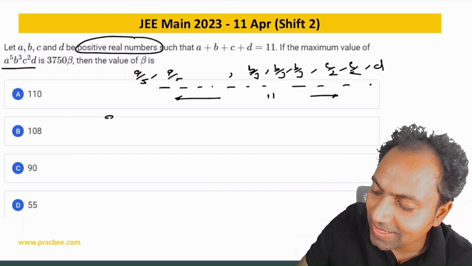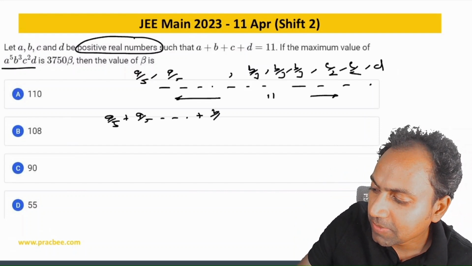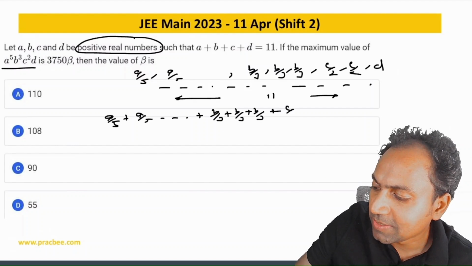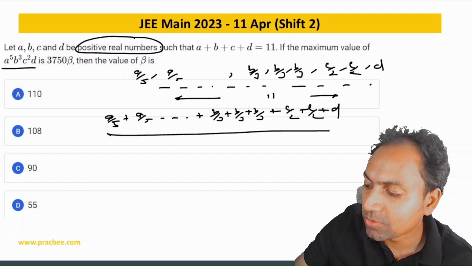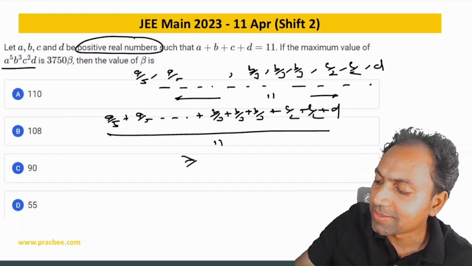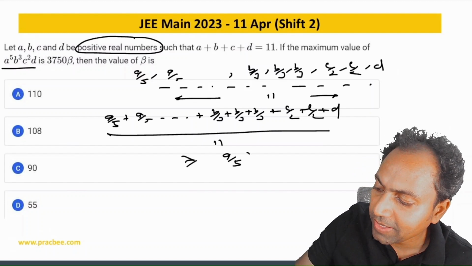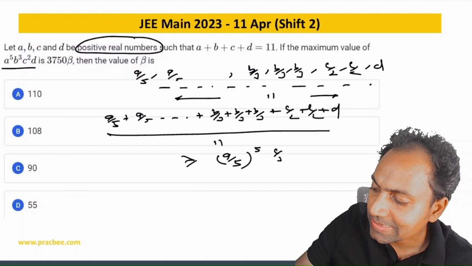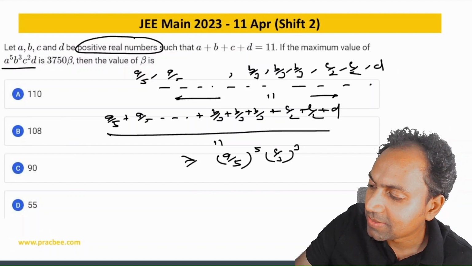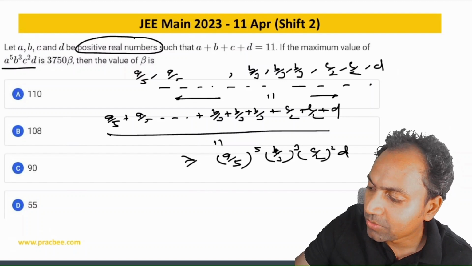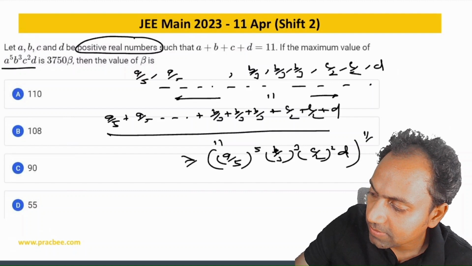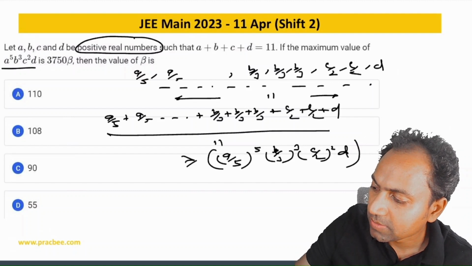So if I do that, a by 5 plus a by 5, 5 times, plus b by 3 plus b by 3 plus b by 3 plus c by 2 plus c by 2 plus d, divided by 11 since there are a total of 11 terms, is going to be greater than or equal to a by 5 raised to the power 5, b by 3 raised to the power 3, and c by 2 raised to the power 2 into d raised to the power 1 by 11. Got it.